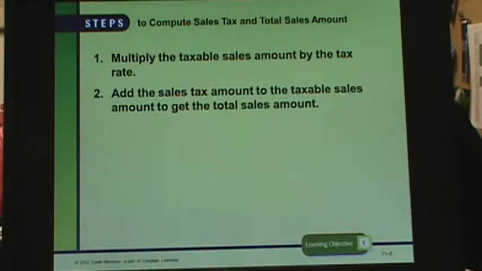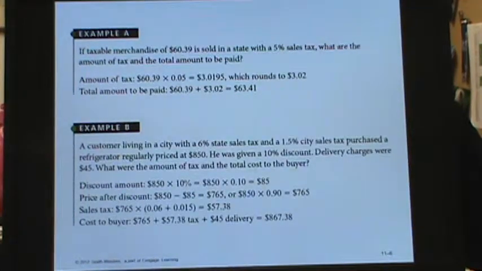To compute sales tax and total sales amount, basically we multiply the taxable sales amount by the tax rate. So whatever our total is that we are buying at that time, we multiply it by the tax rate and get the total sales tax amount that we're going to pay, and then add that to the total. So here's an example.